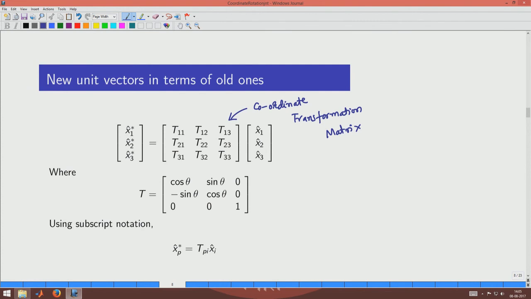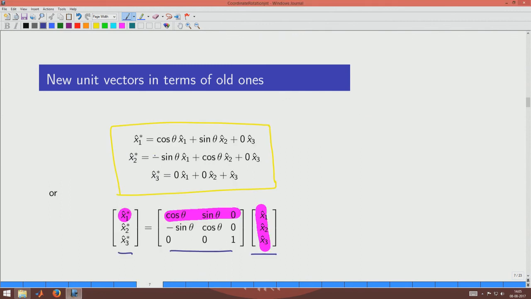The matrix itself is expanded here. If you notice the expression here, let us just write x1 star, and we write this as T11 x1 plus T12 x2 plus T13 x3.